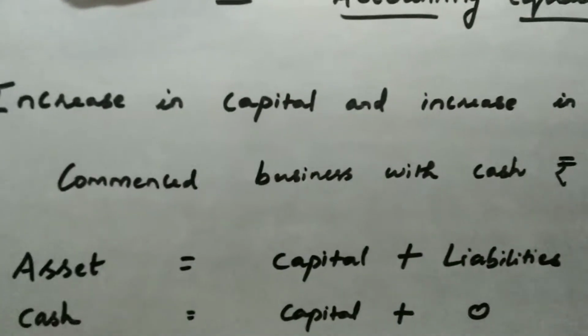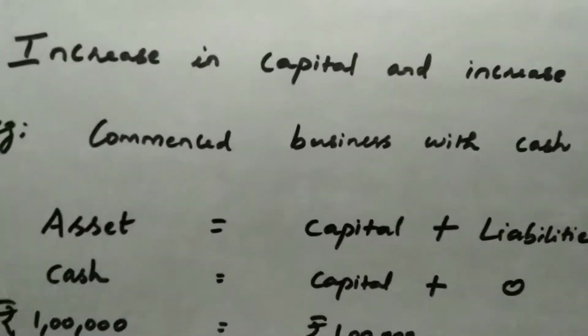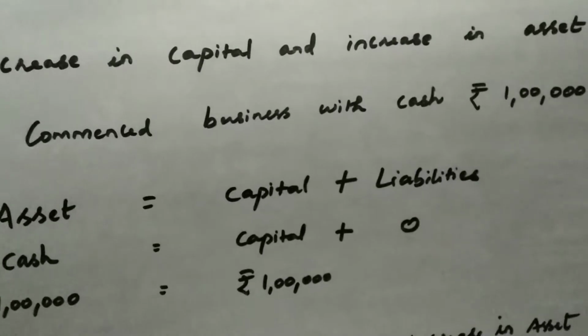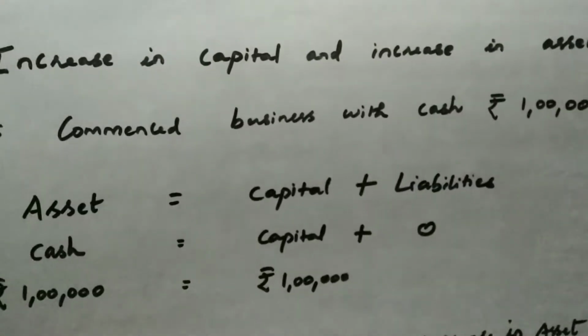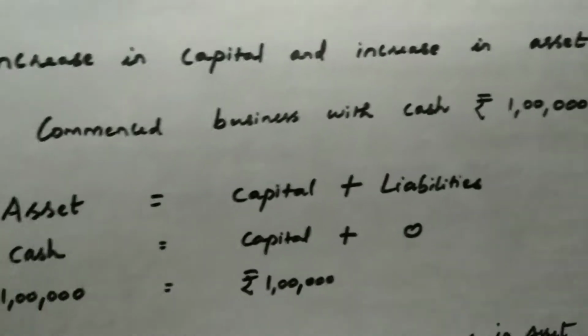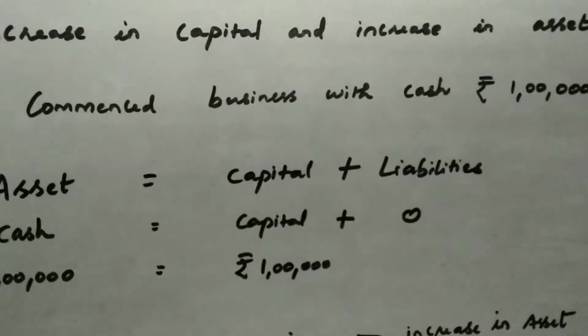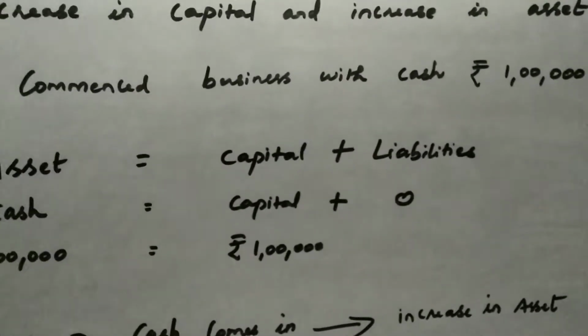Let me explain this using an example. Commence business with cash 1 lakh. Say, for example, we are commencing a business with cash. This is our initial amount introduced into the business, which is nothing but the capital.